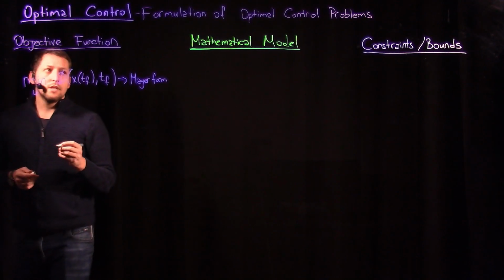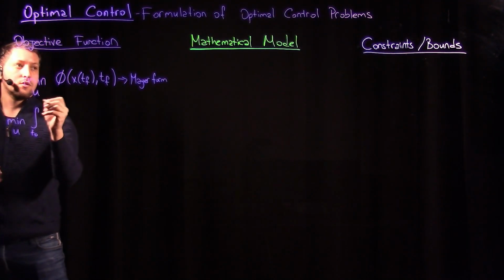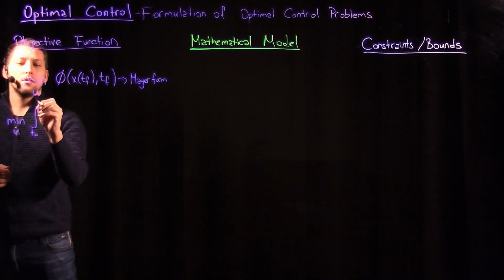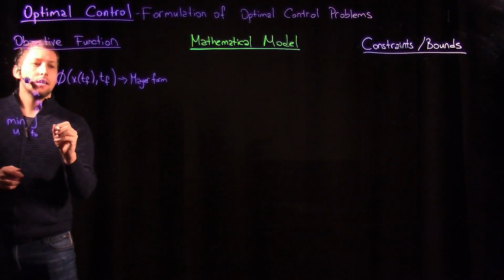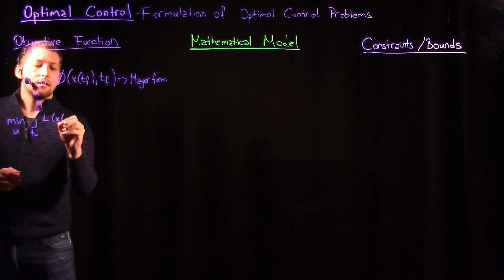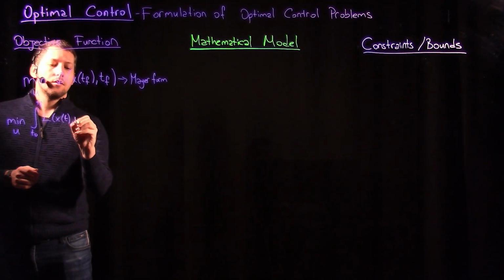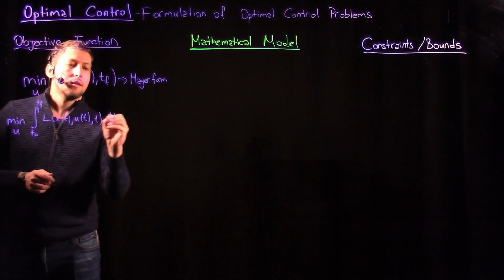This could be written as minimize over u the integral from t equal to 0, the initial time, to the final time, TF, of a certain criterion L of t, x(t), and u(t), dt.